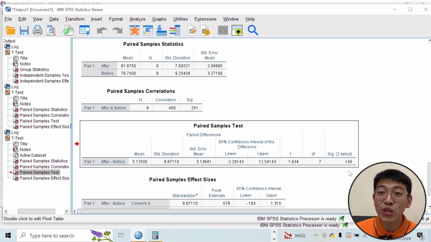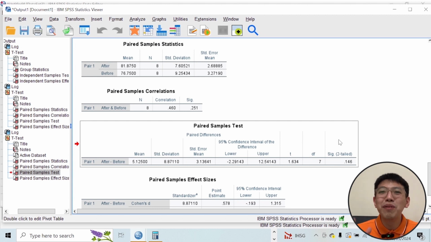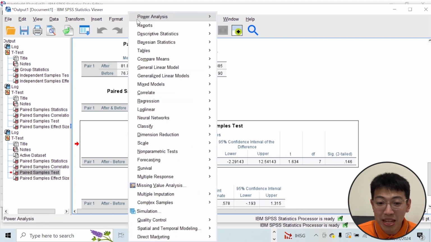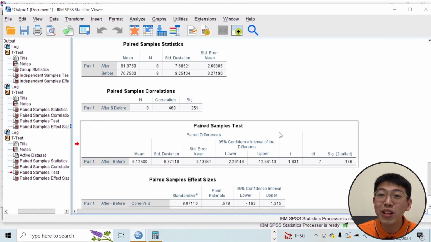How if I change the question into a one-tail test? Is the score mean after training higher than the score mean before training? The steps will be the same. You use analyze, compare means, paired sample t-test, and the result will also be the same. We need to compare the p-value of the one-tail test since the question is higher.